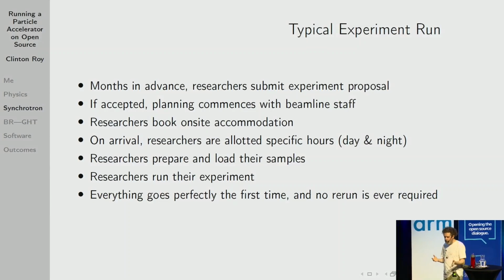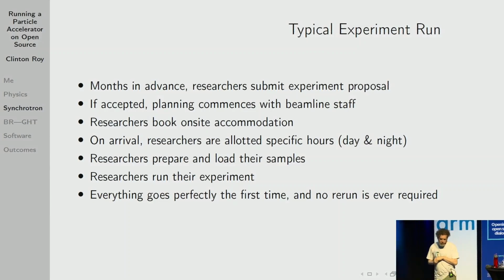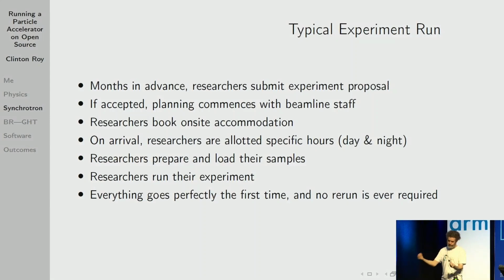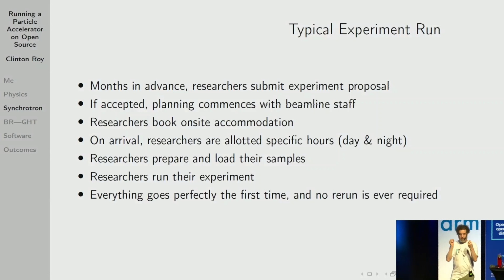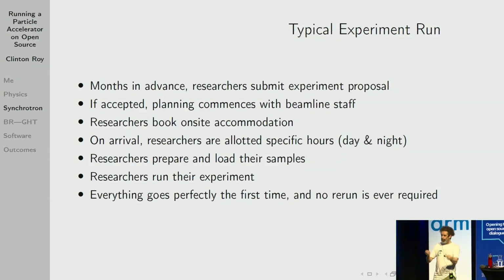It depends on the beamline. Some of our beamlines are very powerful, and it's very likely that the samples that they bring will get destroyed by the X-ray. So typically they'll try to bring not just one sample, but 10, 15, 20, 100 samples in the hope that with one of them, they'll get lucky and get the data out of the synchrotron that they're looking for.